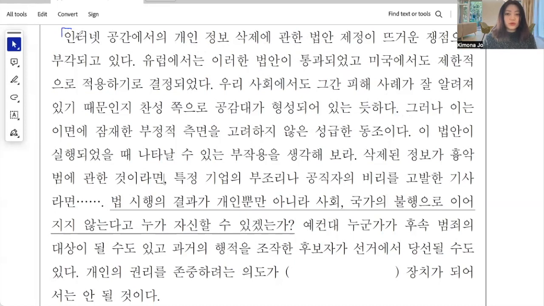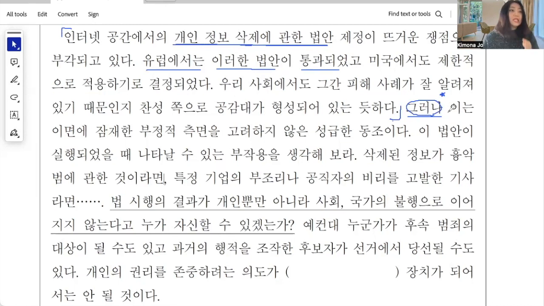So from here to here, it's about agreement with the personal information remover. 그러나, this is however, but. So from here to here, it's about the law about deleting the personal information, and in some countries this kind of bill was already passed.